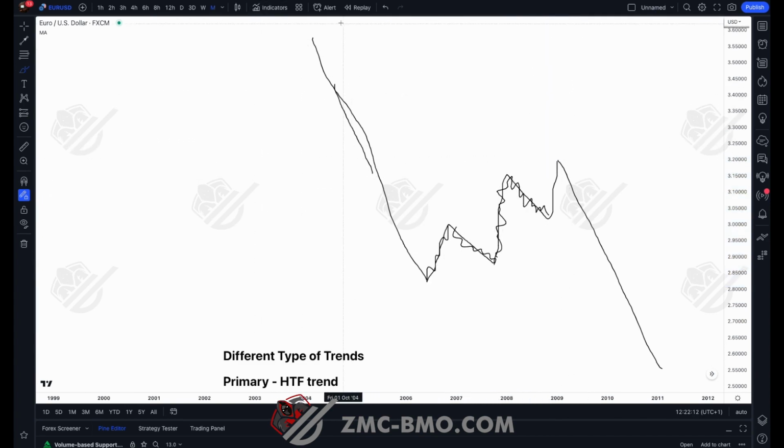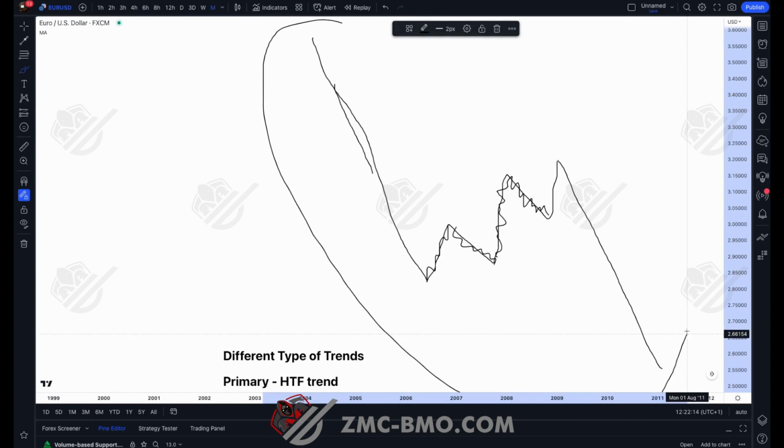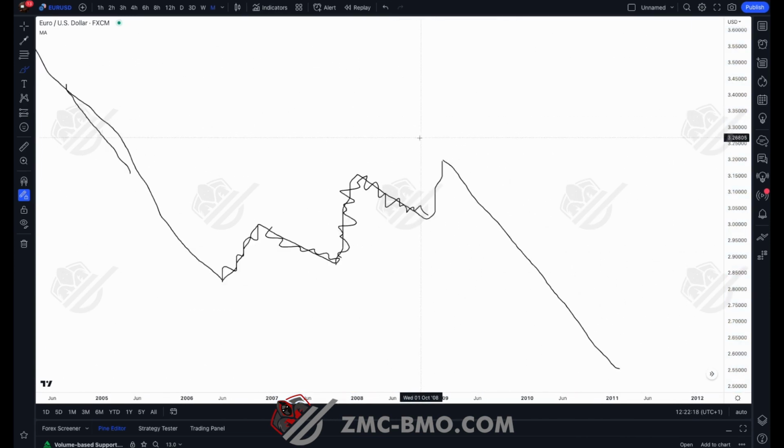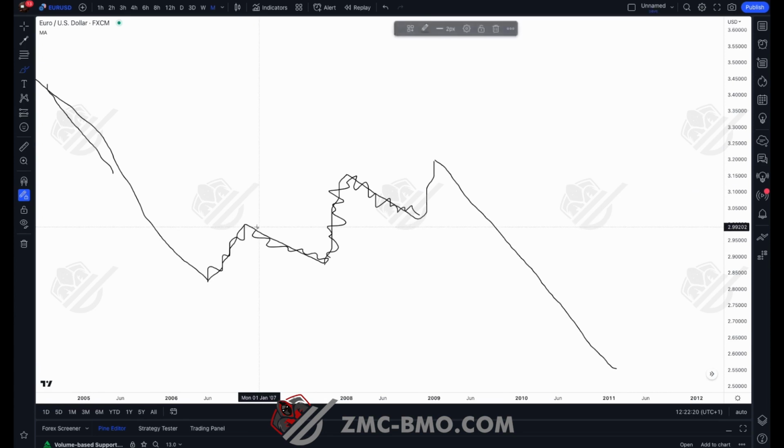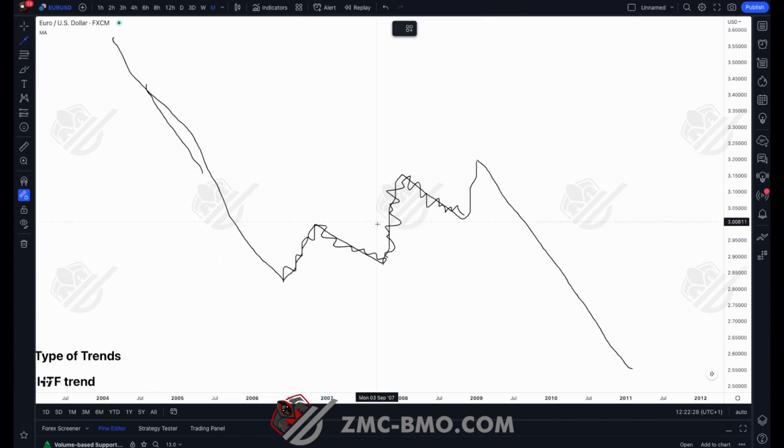But of course, all of this primary trend here would be due to a fundamental reason. And then, of course, if you want to go into those intraday swings or trades, you're more than welcome to do that. But then you have to think at some point it's going to bottom out. So something like that is going to bottom out. Something like this is going to bottom out.